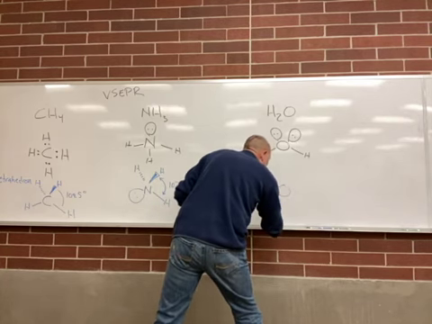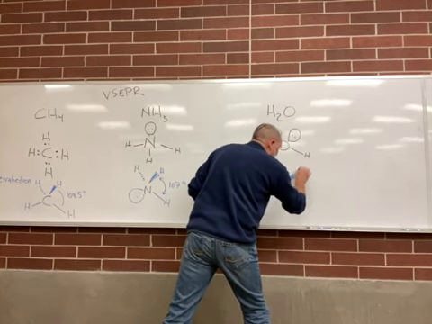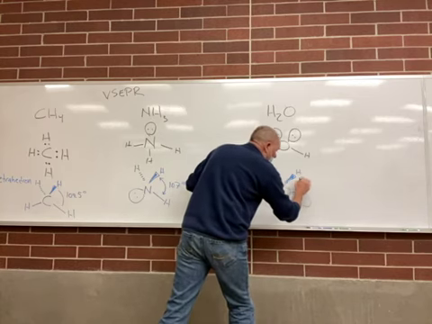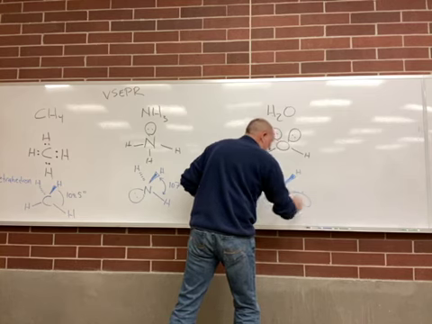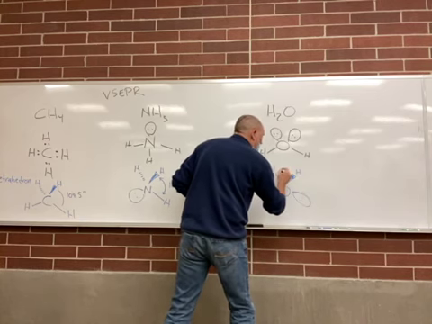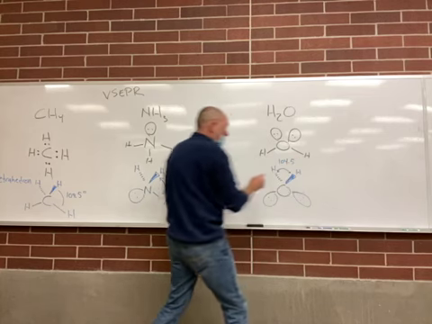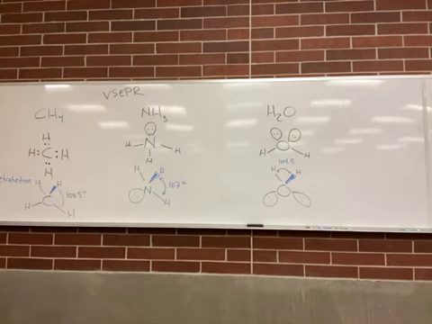Lone pair in the plane of the board, lone pair in the plane of the board, hydrogen coming out at me, hydrogen going away from me. Now all of a sudden the bond angle up here is 104.5, okay? So notice what's happening with this tetrahedron.